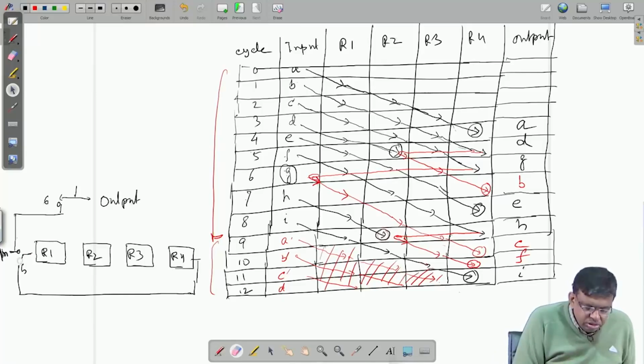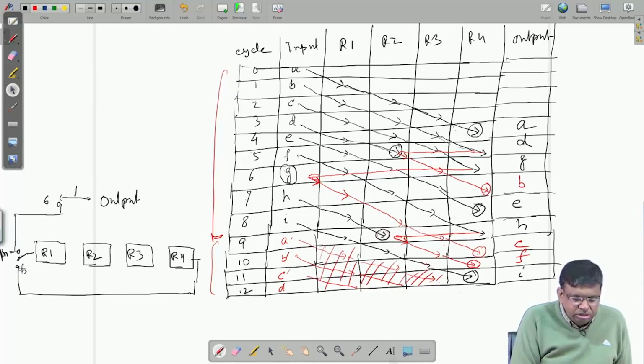Maybe the switch I redraw, switch is here, it will toggle between either this or this. It will touch it at 6, 9L plus 6, in all other cycles it will touch here. When it touches at 9L plus 6, input takes this path, it is born and dead, it goes to the output.